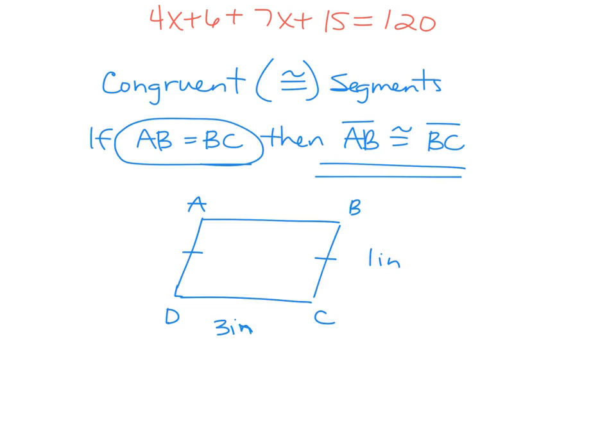So to mark it congruent to another one but not to all the others, you have to change how many marks you put there. So I double mark like that. Then I'm saying AB is congruent to CD. And I'm saying BC is congruent to AD.